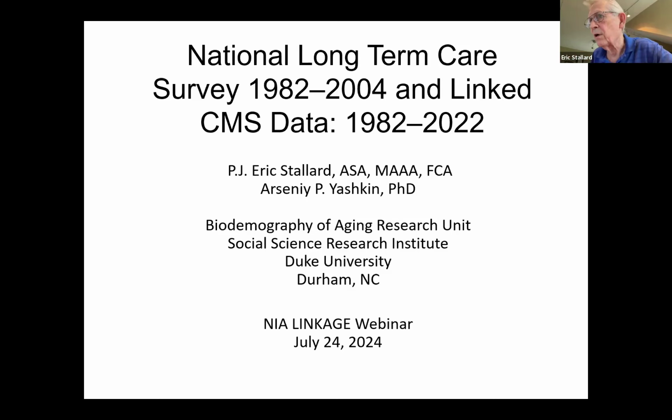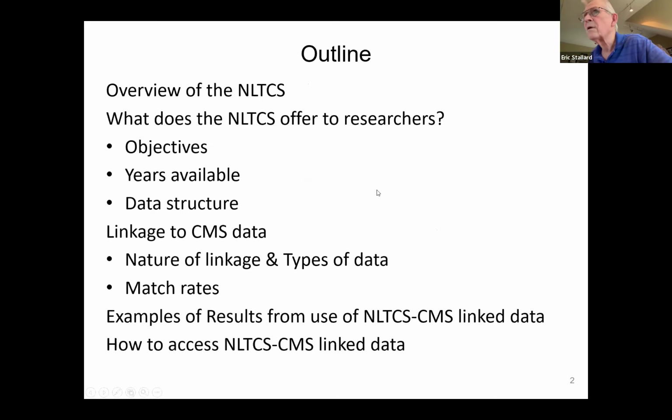I'm going to cover a whole range of topics which are described in my outline here. So I'm going to give you an overview. Specifically, I've been asked to address what the NLTCS offers to researchers. And so I'm going to cover objectives, years available, data structure.